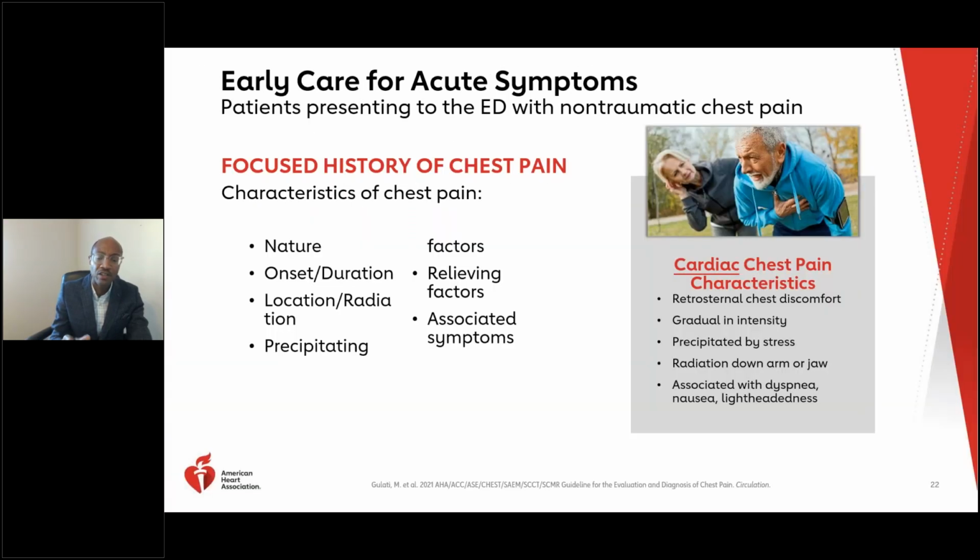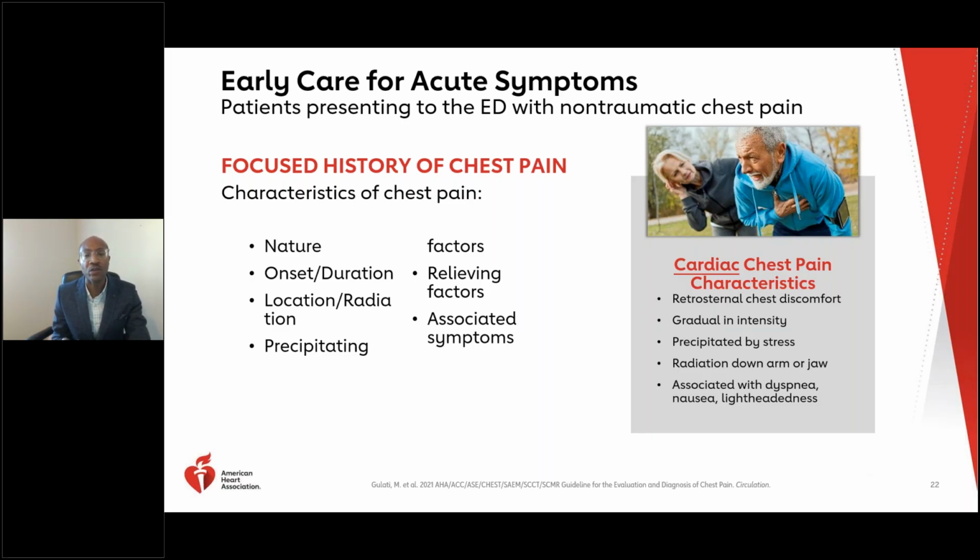So in talking about the clinical evaluation of the history, I want to highlight that the characteristics of one's chest pain are really important to elicit as well, recognizing that the nature, the onset, the duration, the location, whether or not the discomfort or the pain radiates, what precipitates the chest pain, relieving factors or associated symptoms are all super important to elicit.